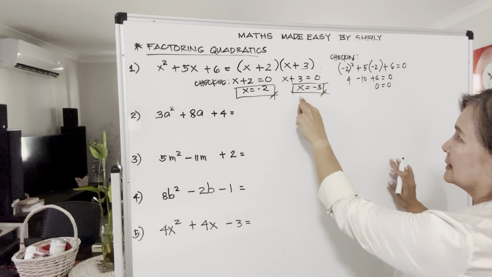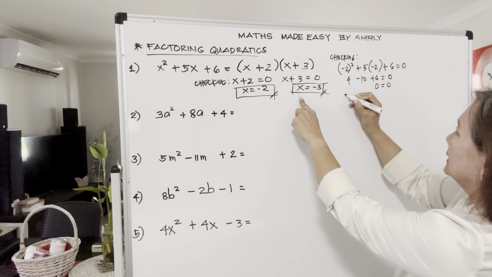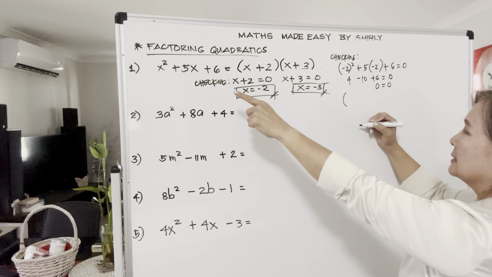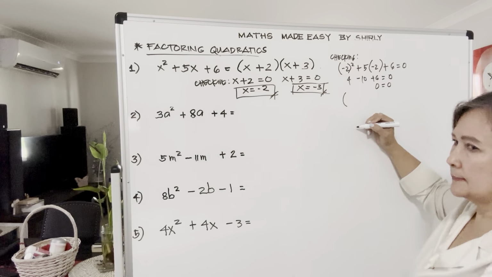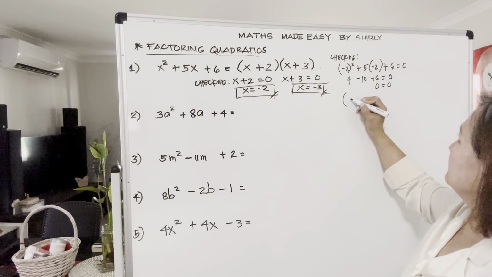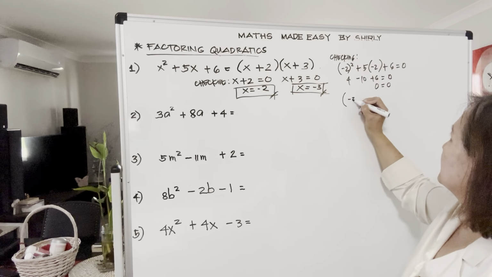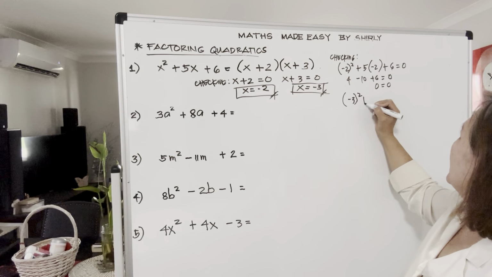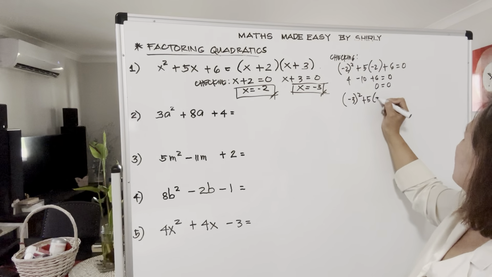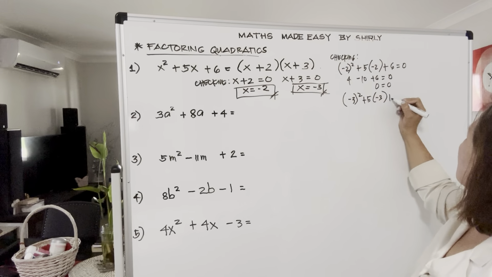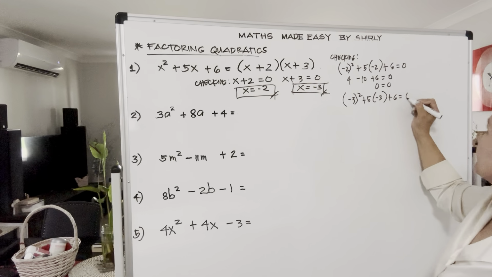Now let's move to the second one. We again use substitution in the original problem. We have negative 3 squared plus 5 times negative 3 plus 6 equals 0.